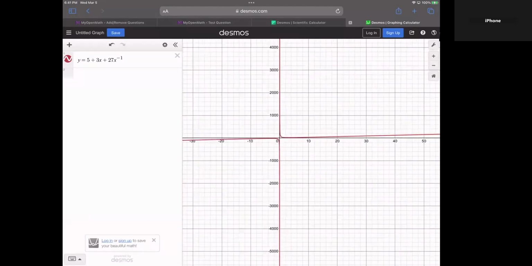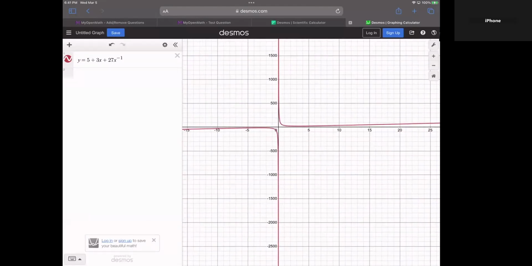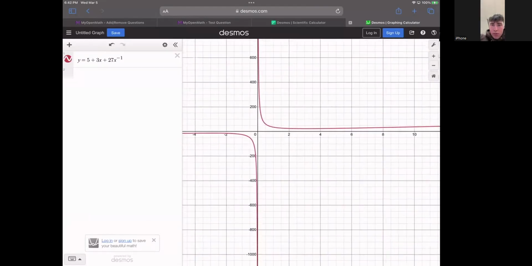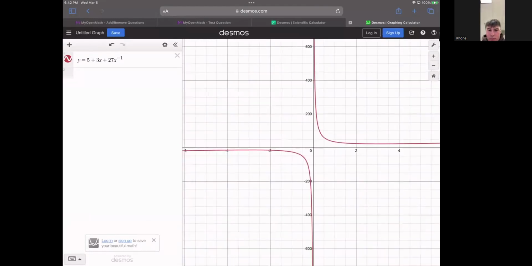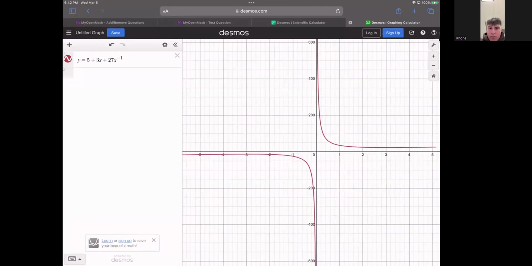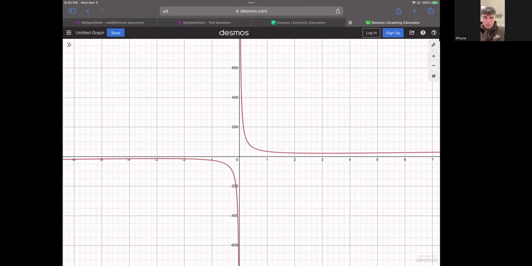So notice, you might think, whoa, that's different than we thought. Well, it might look a little different than we thought, but it's actually doing what we said. It's kind of hard to see it.